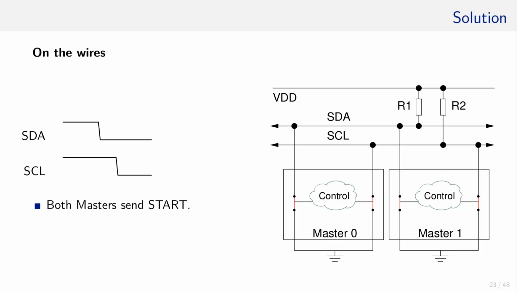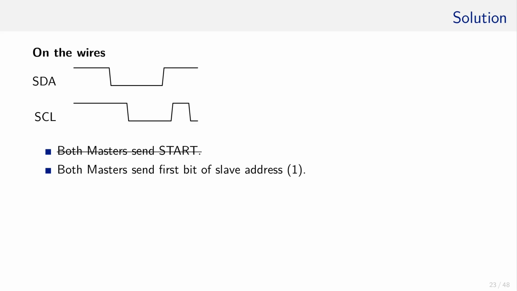Therefore, so far, no conflict is detected. Let's say the slave address both masters would like to communicate to starts with the most significant bit set. So both masters are going to put a 1 on SDA and release the SCL line so that the slaves can read the first bit.